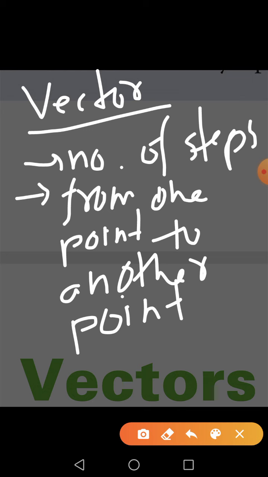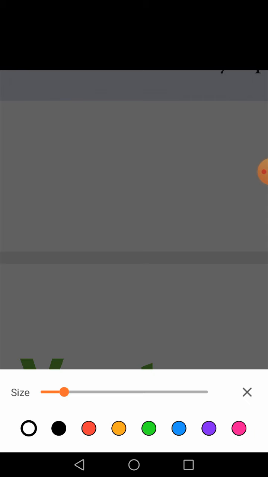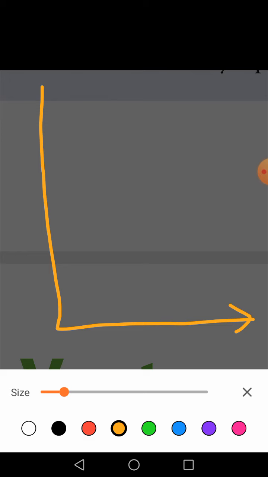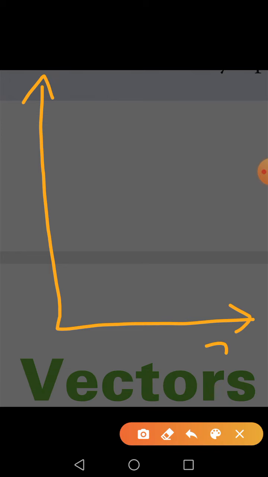Now the steps may be counted in various manners. Like for example, let me tell you first, suppose this is a coordinate axis that consists of the x axis and the y axis.